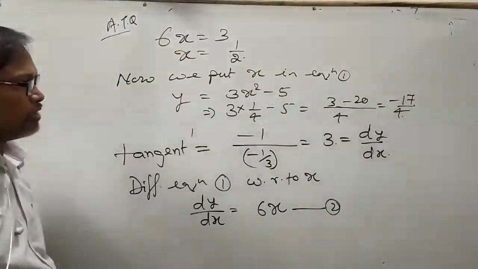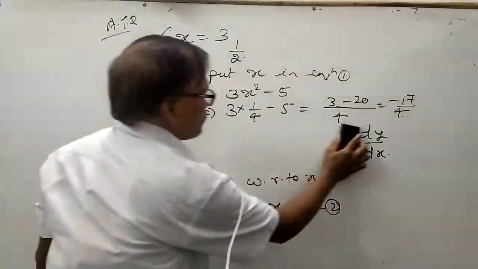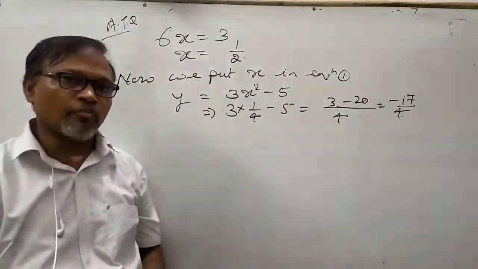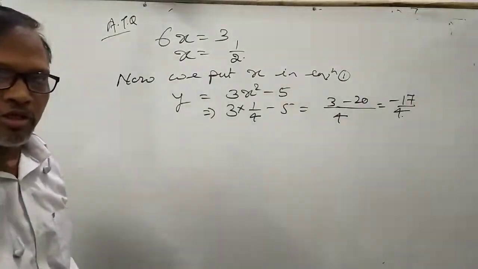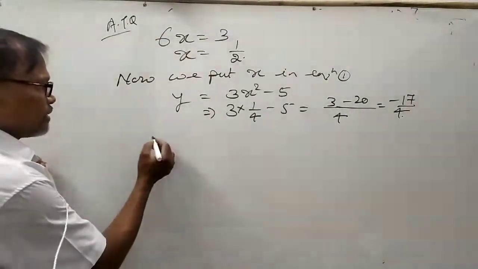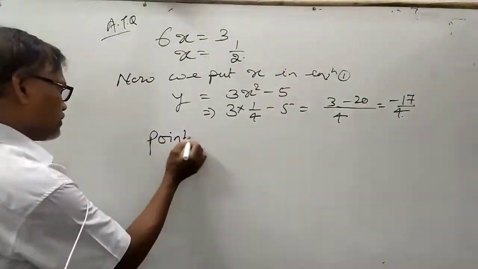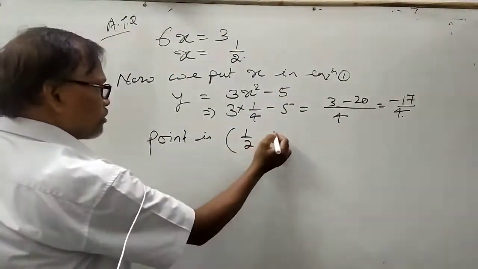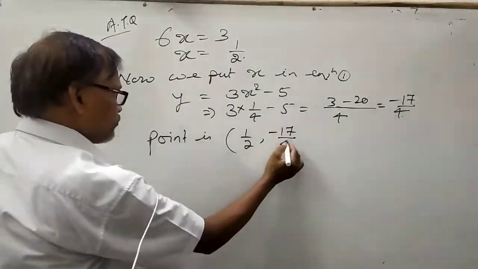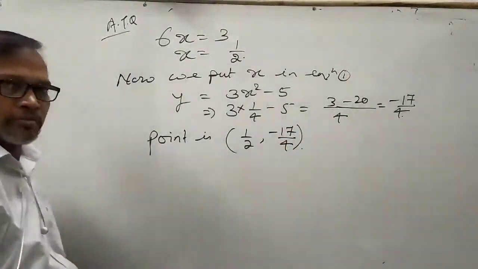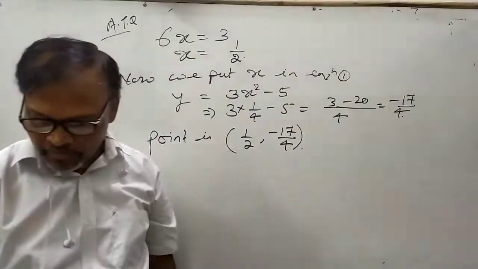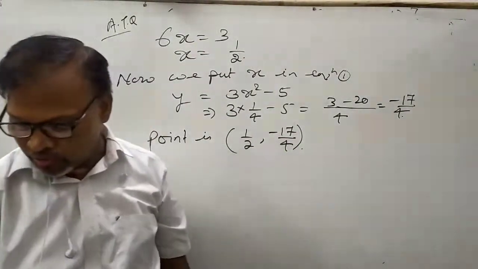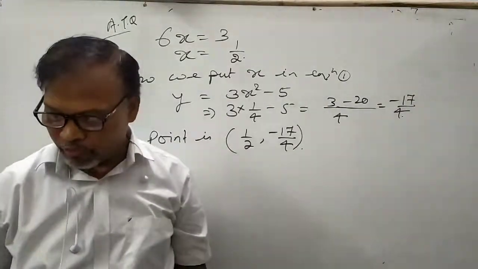After getting this value, you don't leave here because you have to find the point. The point is (1/2, -17/4). This is the point. Answer. So this is the way to find the point on the curve. There are so many questions in which you have to find the point.